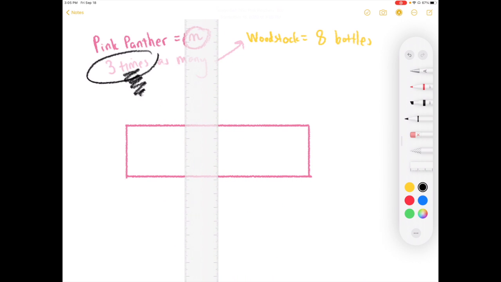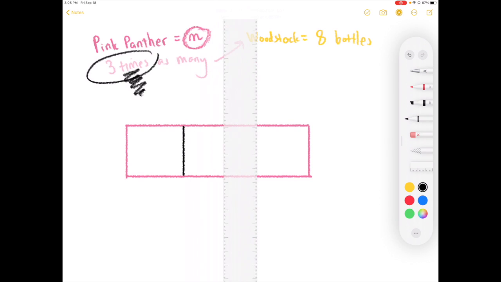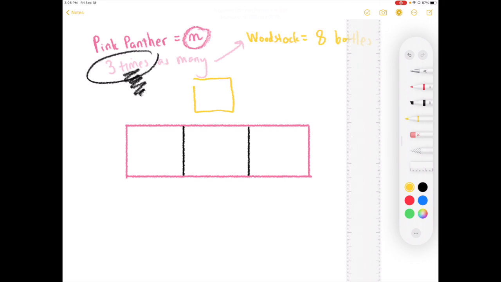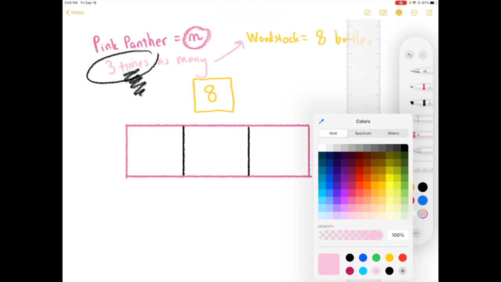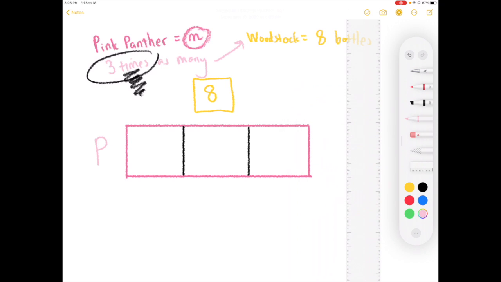You guys are probably used to this, we're actually drawing some thirds here. Now I'm going to put my Woodstock. He sold 8. And next to it, this box here tells me how many the Pink Panther sold. So he sold 3 times as many as Woodstock.